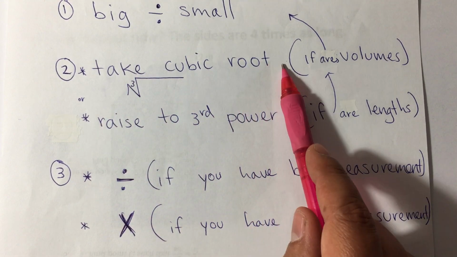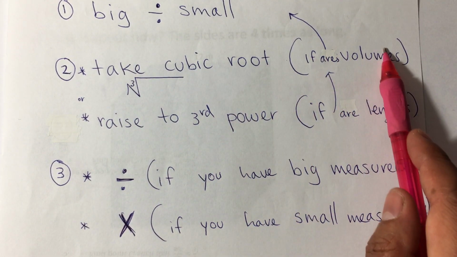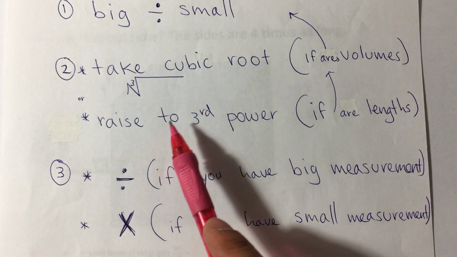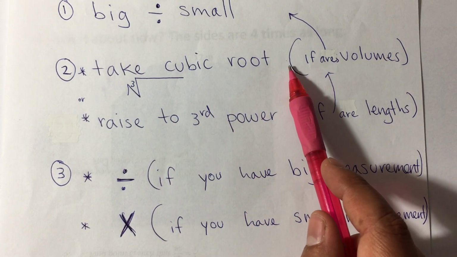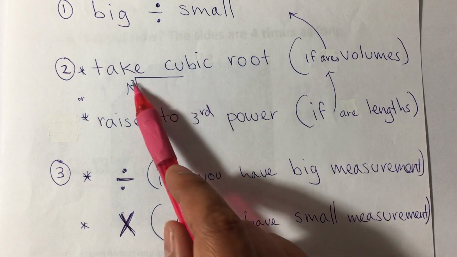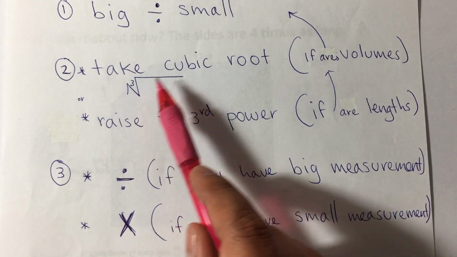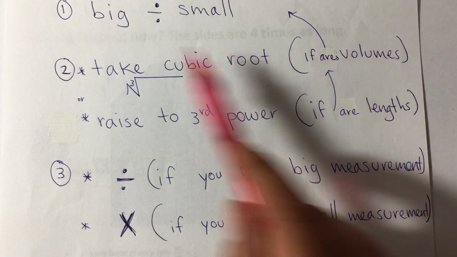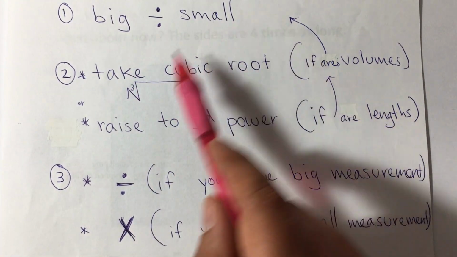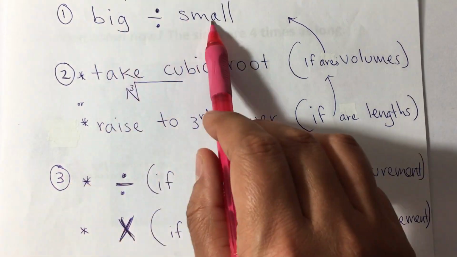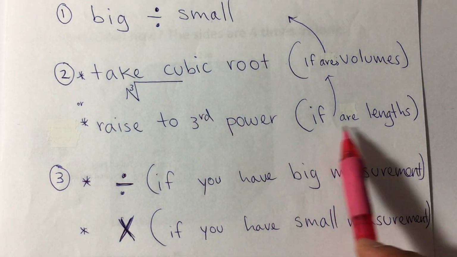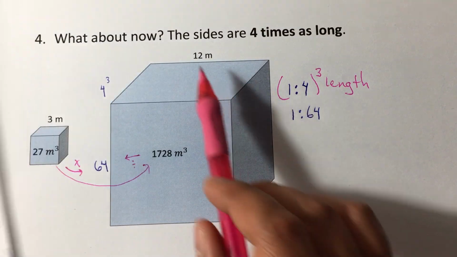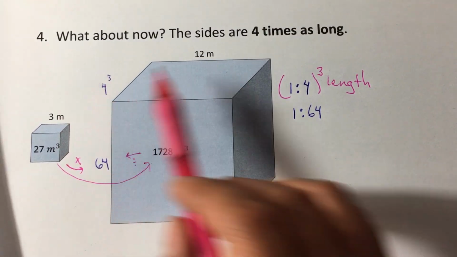You're going to take the cubic root if you're missing one of the lengths but you're given the 2 volumes. However, if what they're giving you is the 2 lengths, then you're going to raise to the third power.